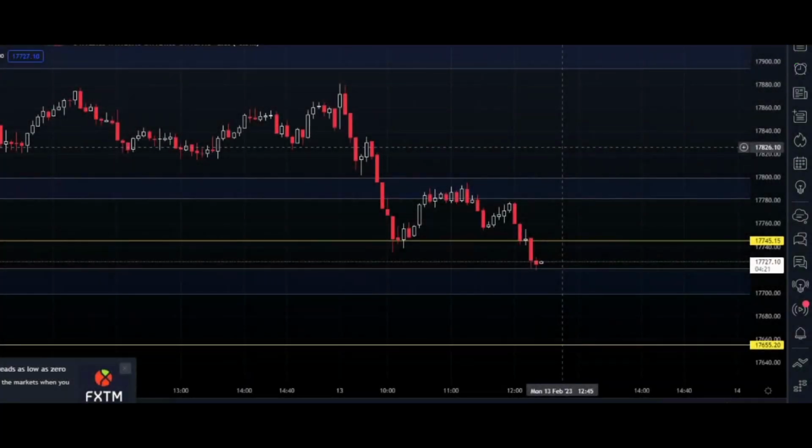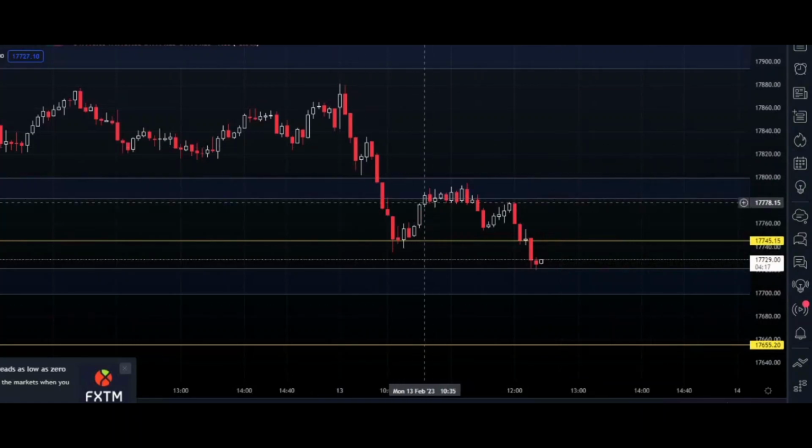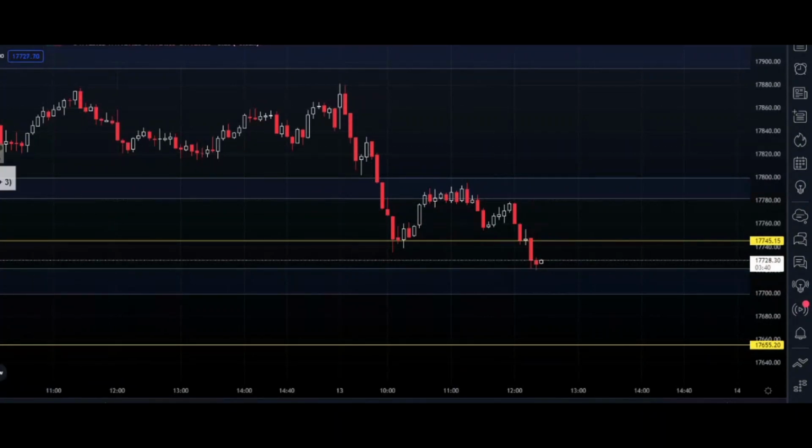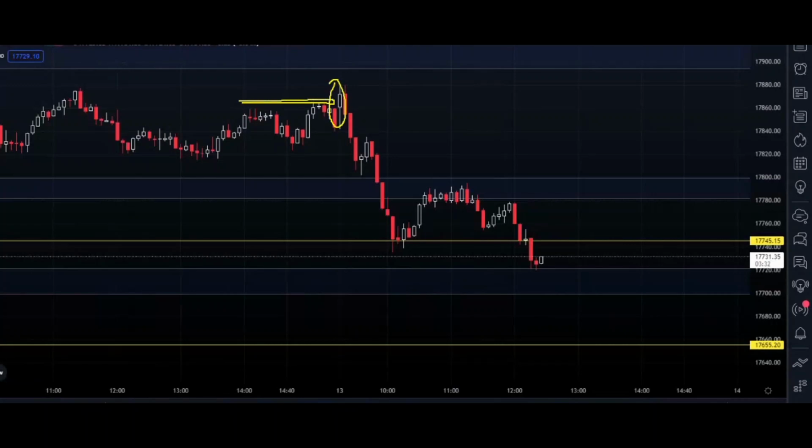This is the spot chart of Nifty. Let's discuss how the market was trapping the retail traders today. To begin with, guys, when the market opened in the morning, it made a bullish candle, as you can see here, which was above these highs. So just think about it.